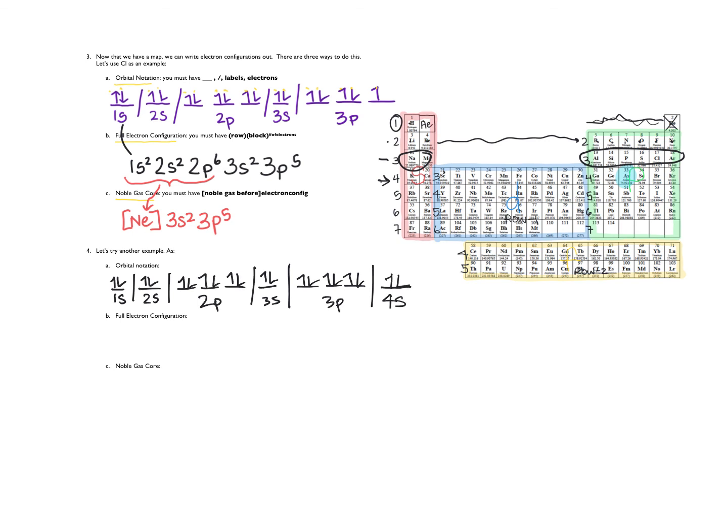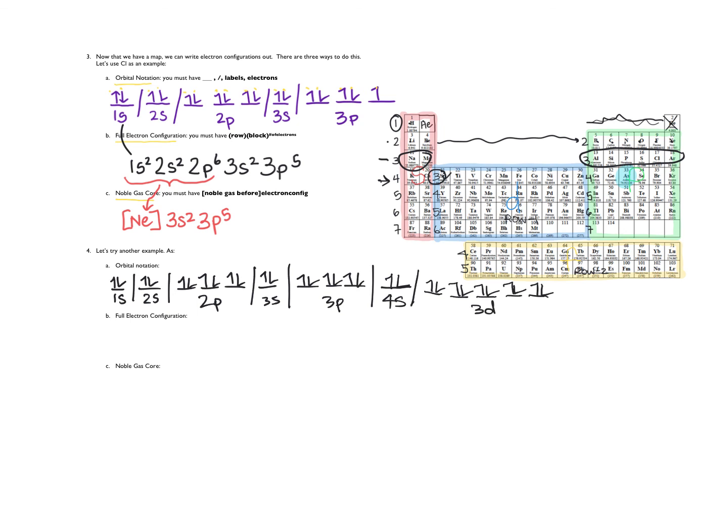And then here's where it's a little bit weird, right? So we're gonna do 3d. Remember, for the D's, we have to do 5 lines. 1, 2, 3, 4, 5. And we'll fill them 1, 2, 3, 4, 5, 6, 7, 8, 9, 10. That's 3d.